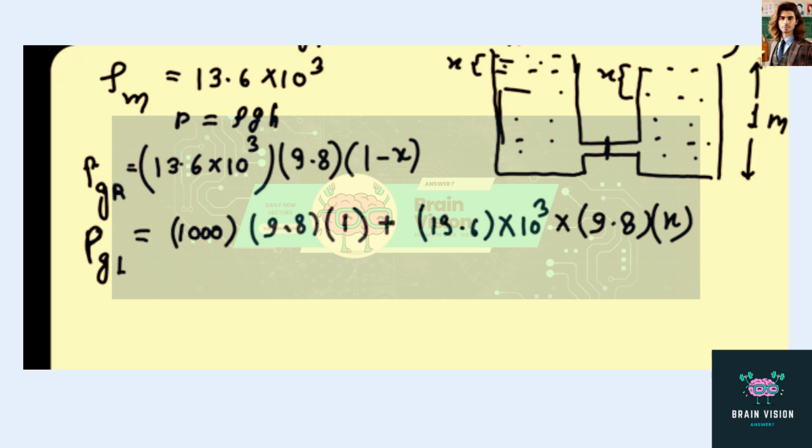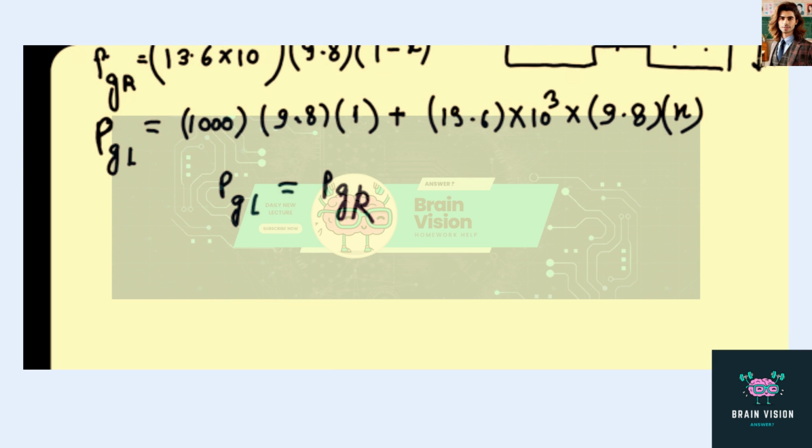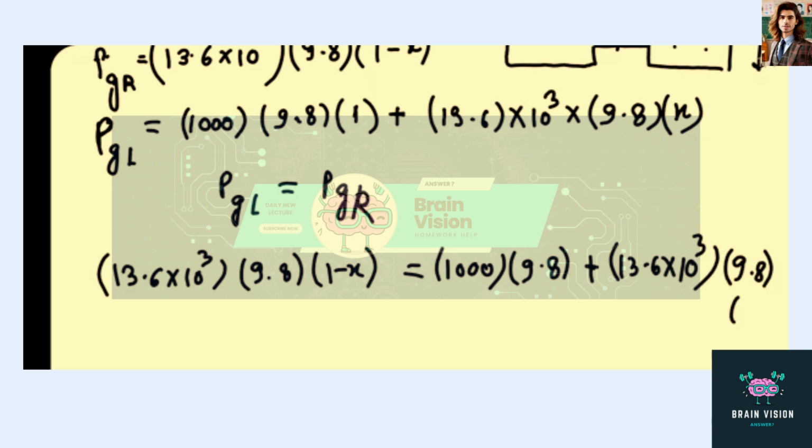So we can equate the pressure at the left-hand to the right-hand for the equilibrium position, and in that case, we can find the value of x. So 13.6 into 10 raised to power 3 multiplied by 9.8 multiplied by 1 minus x would be equal to 1000 into 9.8 plus 13.6 into 10 raised to power 3 times 9.8 multiplied by x.